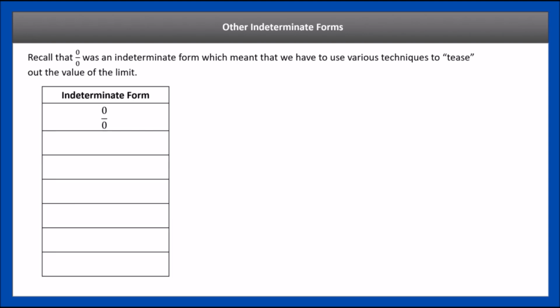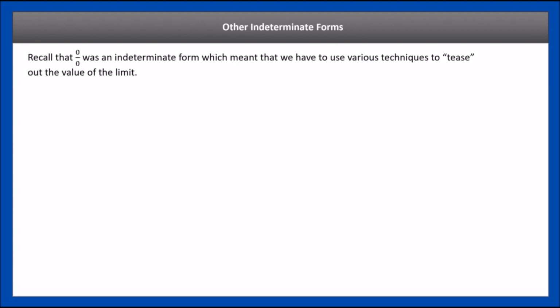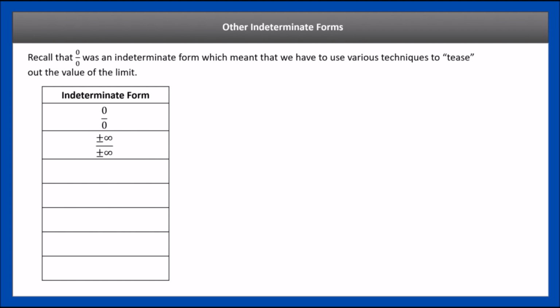And here are some other indeterminate forms. So 0 over 0 is one of them, as mentioned earlier. We also have the indeterminate form infinity over infinity. If we have a form like that, we cannot determine the value of that. Notice that we said that if we had a constant over infinity, that is 0.